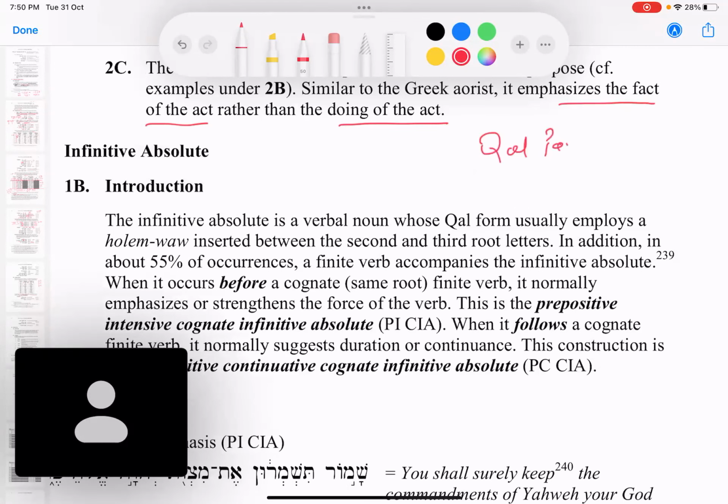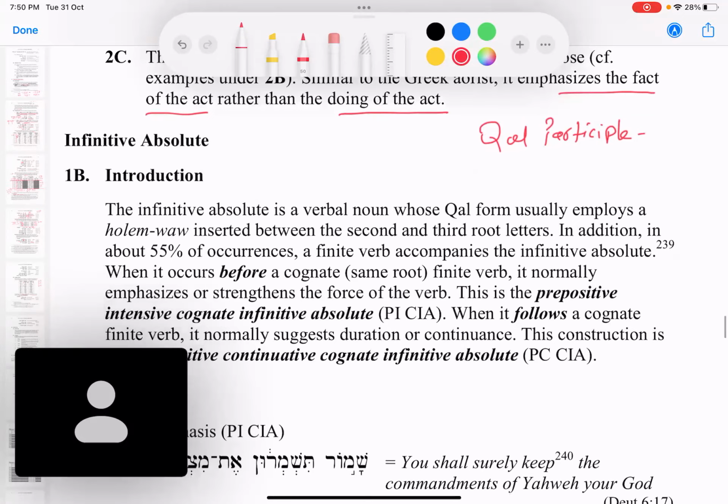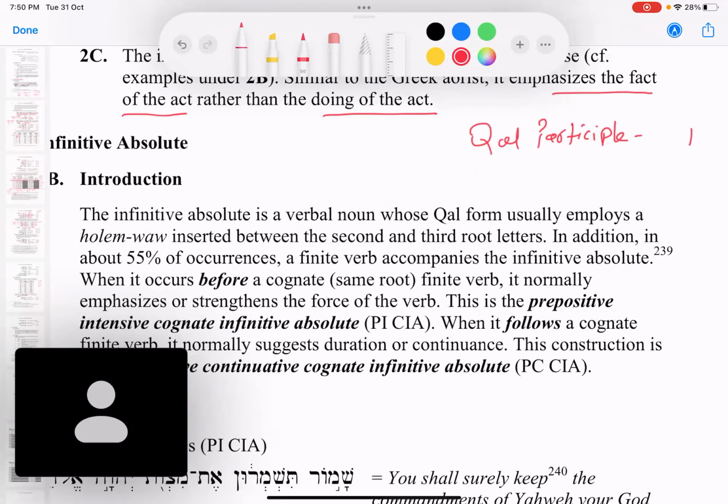For example, kotel. Kotel means killing.